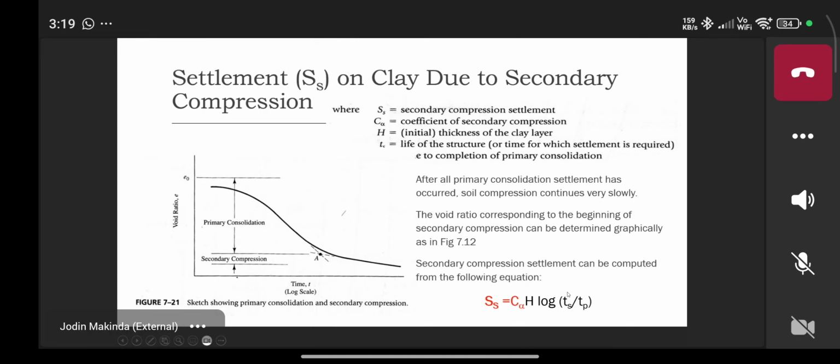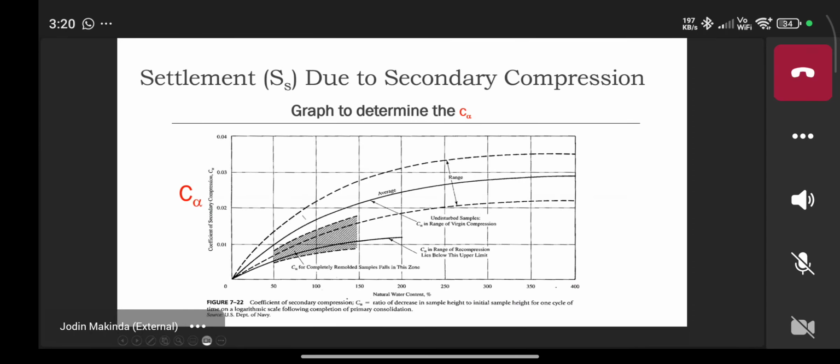So in this question, we start from ts and we finish the study at tp, for example, because we do not know how long the process will be. And the coefficient of secondary compression, C alpha, is obtained from figure 7.22.